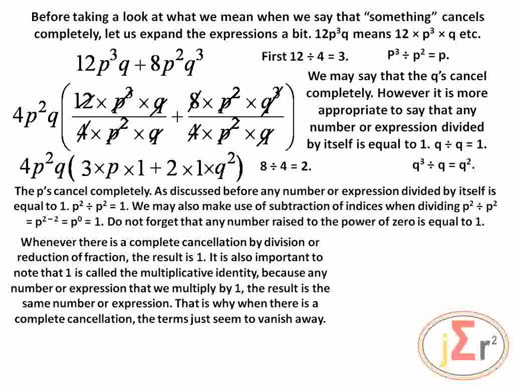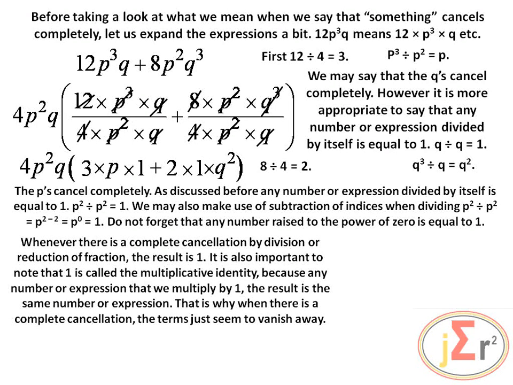Whenever there is a complete cancellation by division or reduction of fraction, the result is 1, as we have demonstrated on the 2 occasions in different ways. It is also important to know that 1 is called the multiplicative identity because any number or expression that we multiply by 1, the result is the same number or expression.